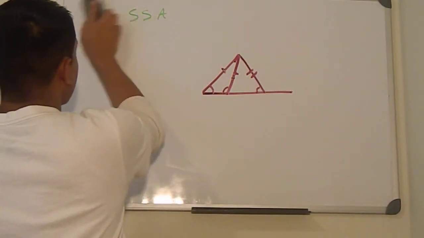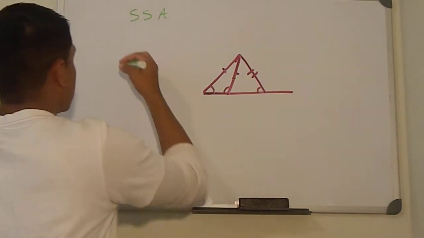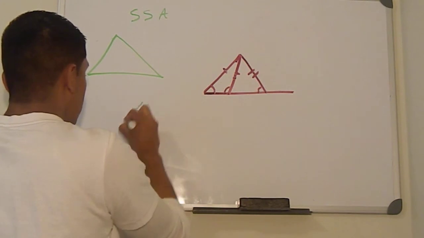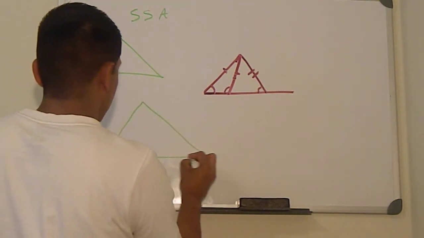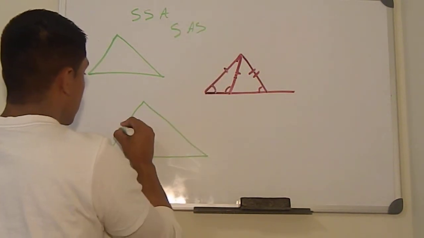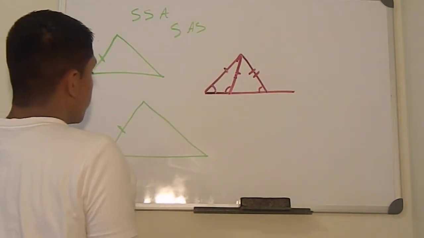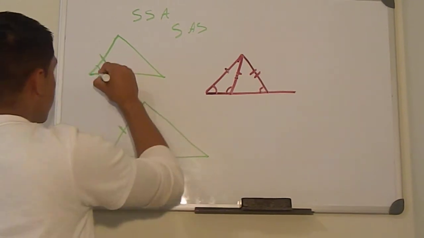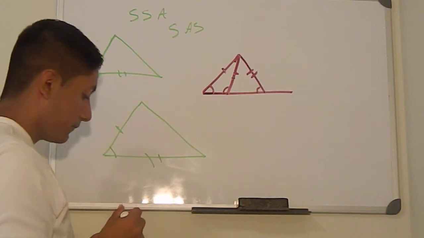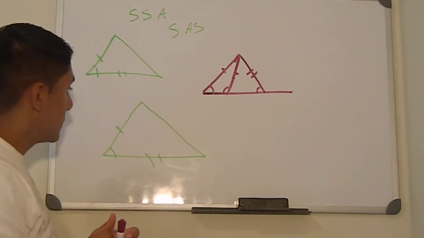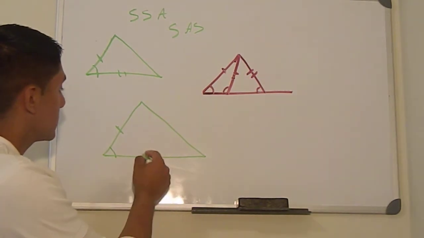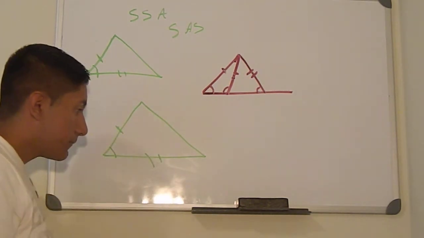Now, if we do this side, angle, side, it's a different story. Side, angle, side. Let's call this side equal, this angle equal, this side equal. Now, the thing with this one is that we have two sides, correct?